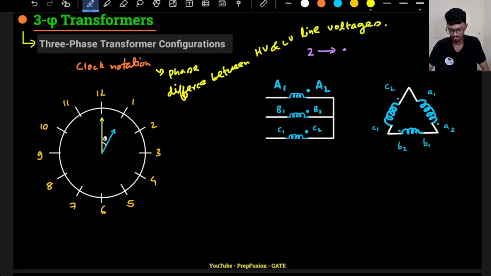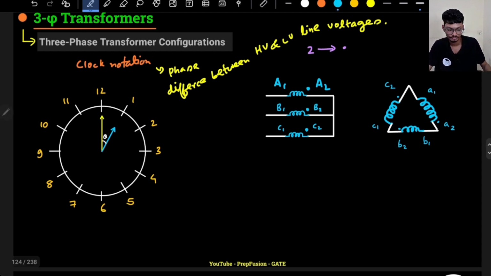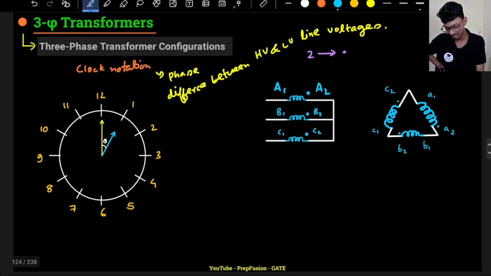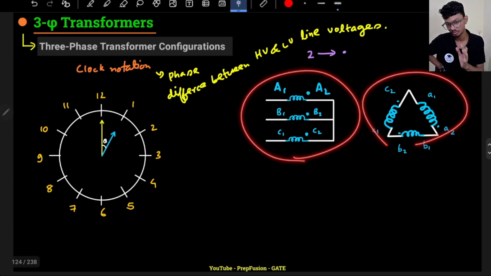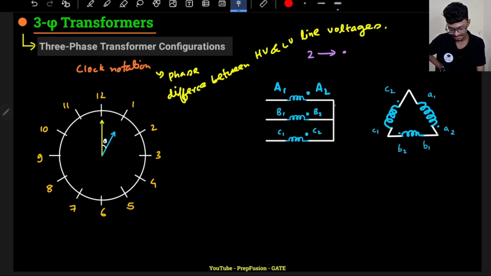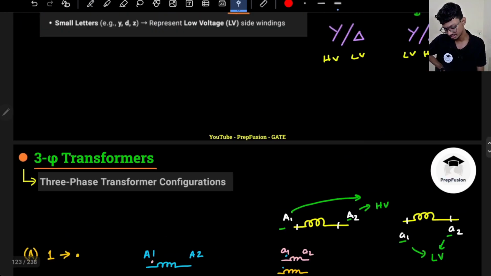Now how can I find out the phase difference? What do I know? I know what kind of transformer this is. Can you identify what kind of connection this is? I see all the 3 points are shorted together. When are all the 3 points shorted?